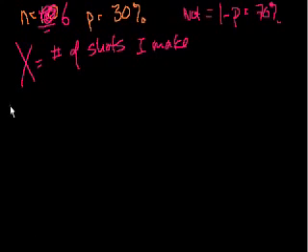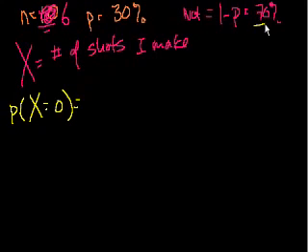What is the probability that x is equal to 0? So I make no shots at all. I take 6 shots, and every shot I take I miss. In order for that to happen, something with a 70% probability has to happen 6 times in a row.